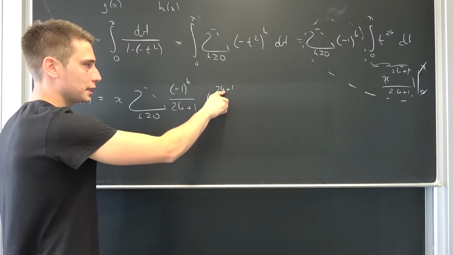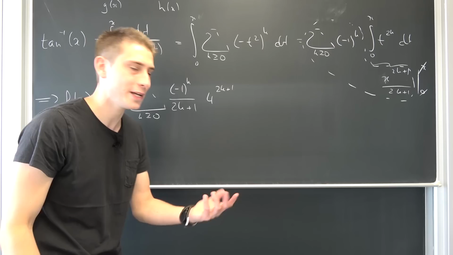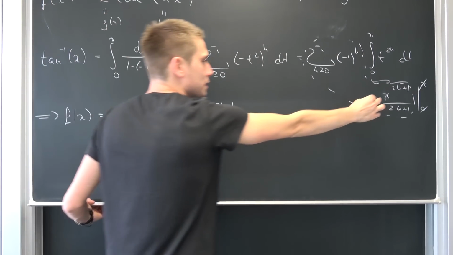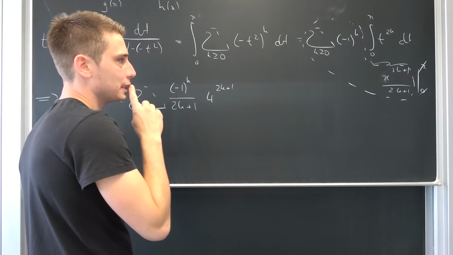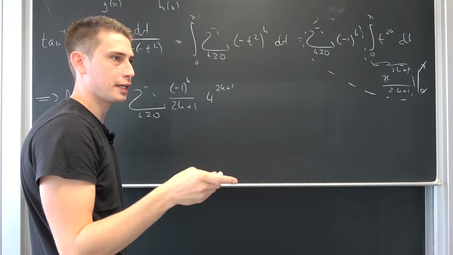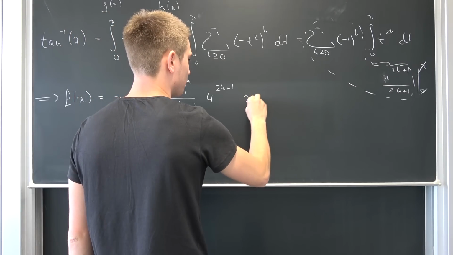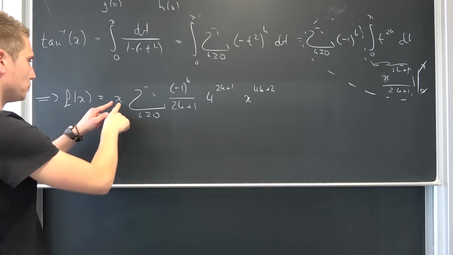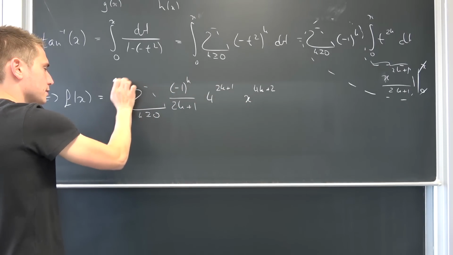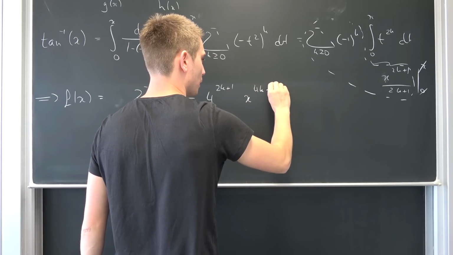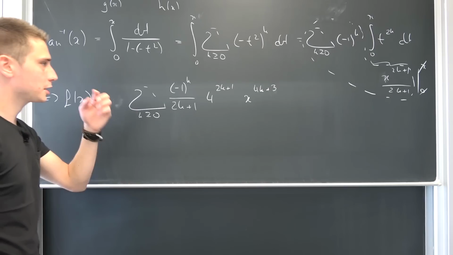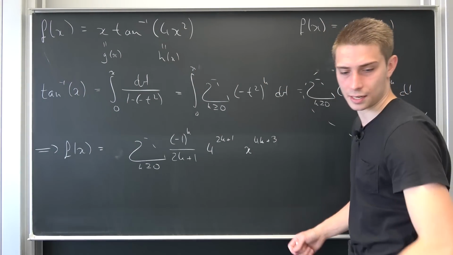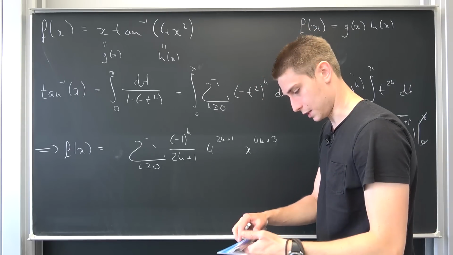Please do not mistake my k for a 4 or the 4 for a k, okay, this is not something I want right here. And also x squared, if we put this into here, this is going to result in x to the 4k plus 2th power. Okay, and if we bring our x into here, this is also going to raise it by 1 more. And this should actually be our Maclaurin series expansion for f of x up here. I think this is thus the first part of the challenge being done.